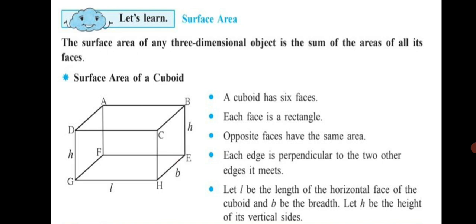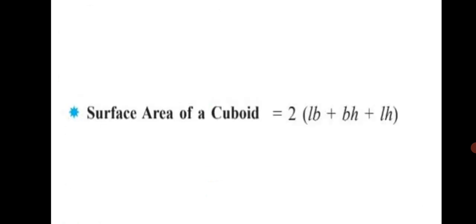So what will be the formula for surface area of a cuboid? Since 2 faces have the same area, its formula is surface area of a cuboid is equal to 2 times length into breadth plus breadth into height plus length into height. So this formula you have to memorize in order to solve practice set 47.